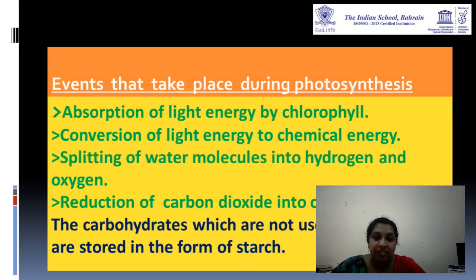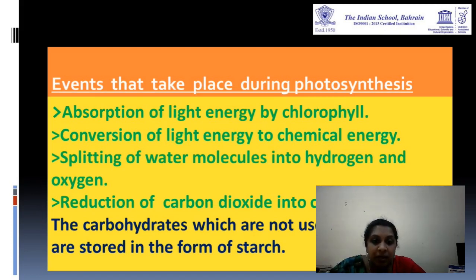The first event that takes place is the absorption of light energy by the chlorophyll that is present in the leaves, followed by the conversion of light energy into chemical energy, splitting of water molecules into hydrogen and oxygen, and the reduction of carbon dioxide into carbohydrates.